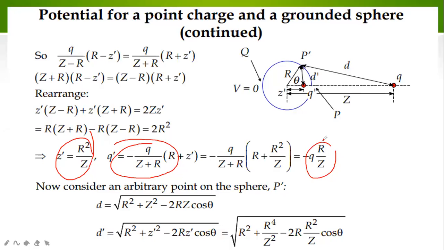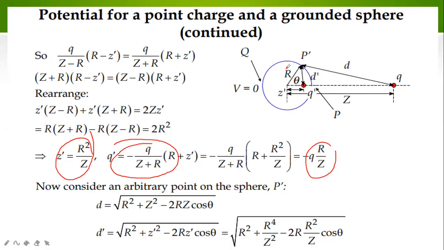Now consider an arbitrary point P dash on the sphere, situated at angle theta.